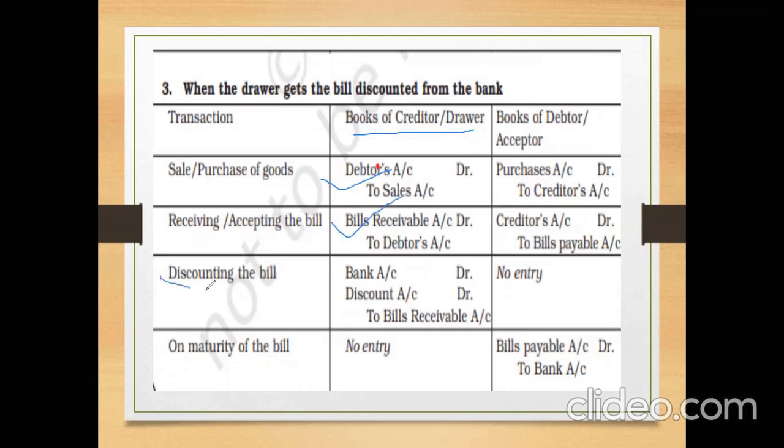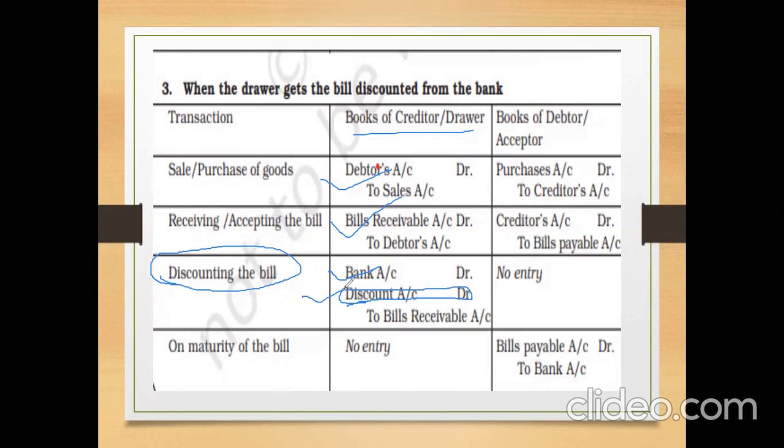Now this is the time before the date of maturity when the drawer wants money. In this case, he will get money in his bank, but the difference amount, or the less amount that he is not getting, is discount account, and according to the nominal rule, debit all expenses and losses.